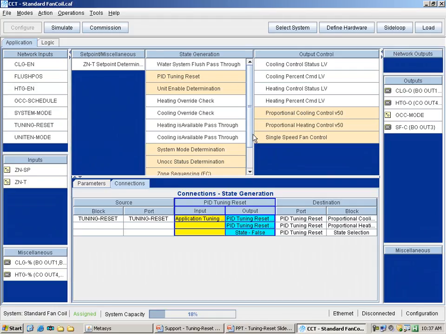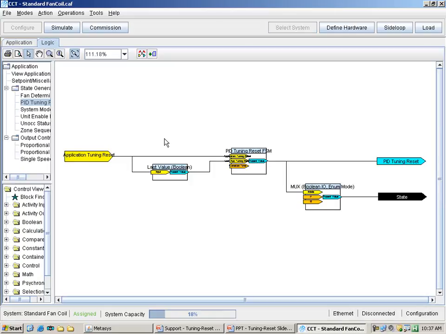We're now back at CCT with the standard fan coil application, and we're going to look at the logic for the PID tuning reset state generator. So this is the logic for the PID tuning reset state generator module, and you can see the input connector, there's a last value block.